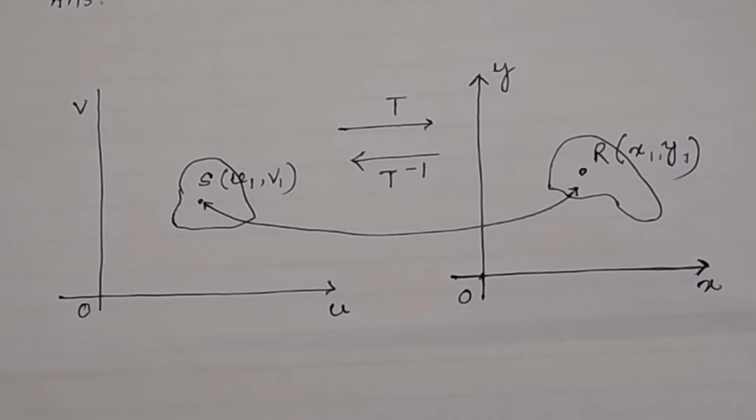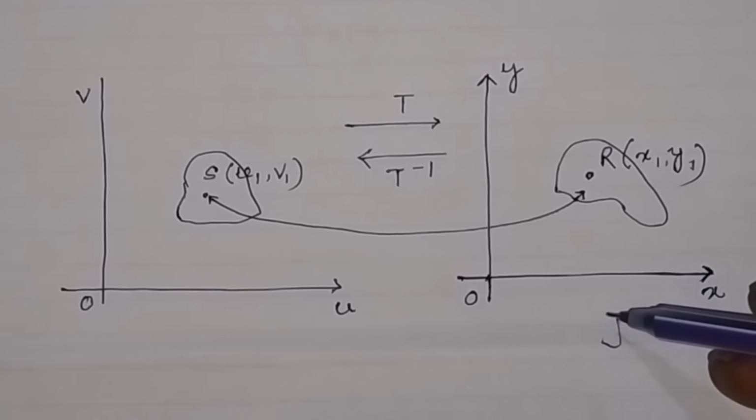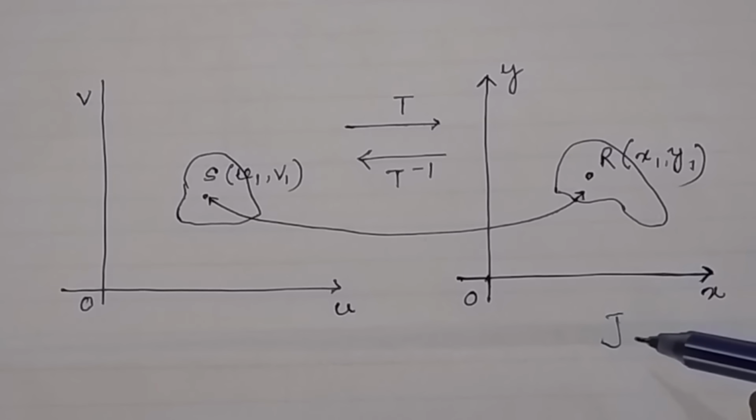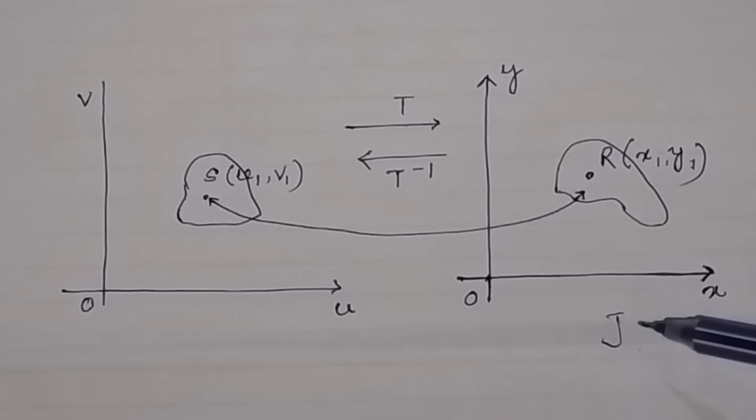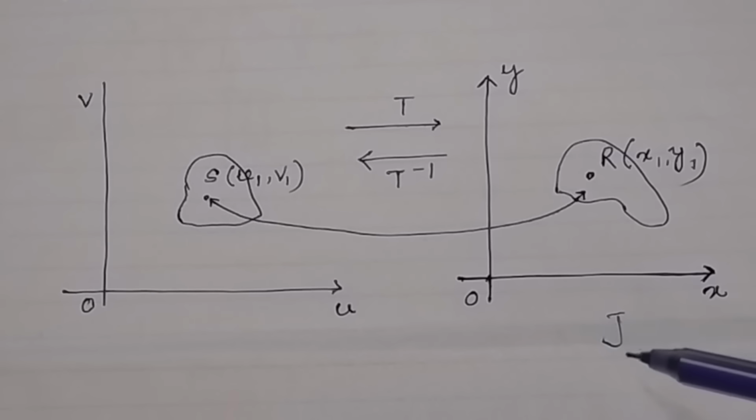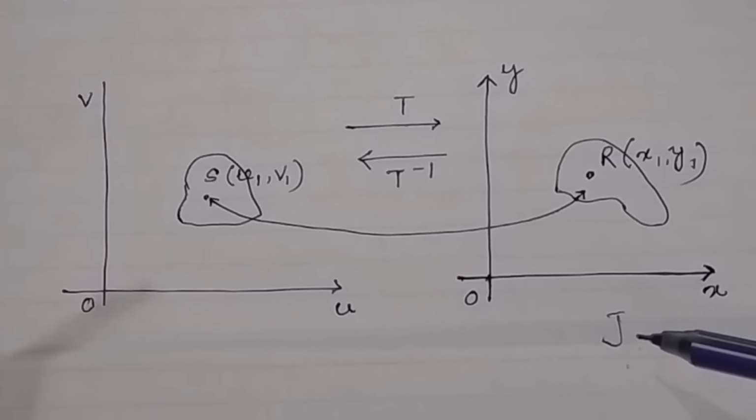The Jacobian matrix is simply written as J. Jacobian is generally written by the term J, and Jacobian is a matrix often simply called the Jacobian. When it is a square matrix, we call it determinant.